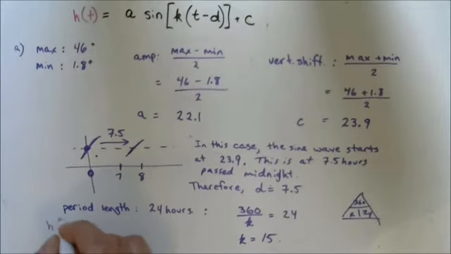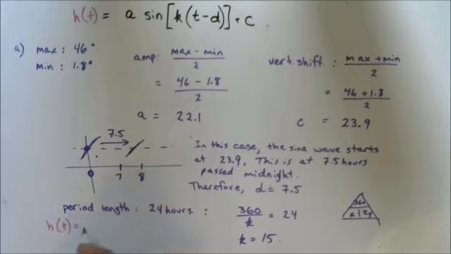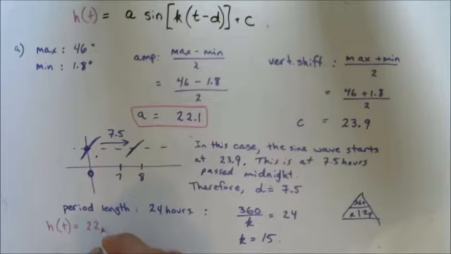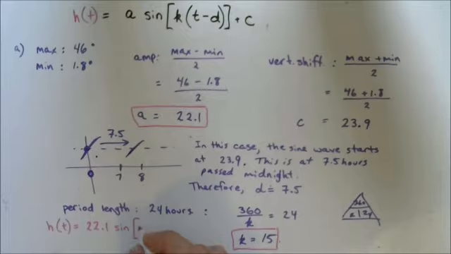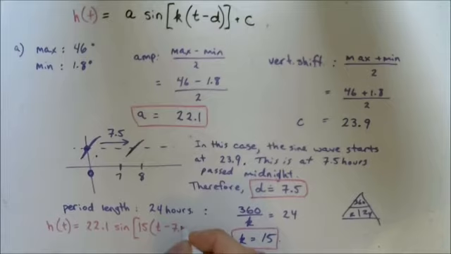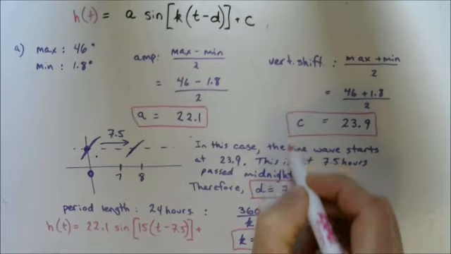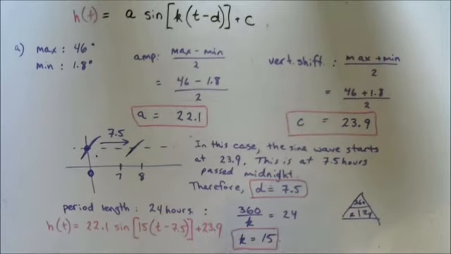So here we have h of t is equal to A, which we determined was 22.1, times the sine of, and we have all our parameters, so I'm going to be using the square brackets, K of 15 times t minus D, and D is here, 7.5, close it off, plus C, 23.9.